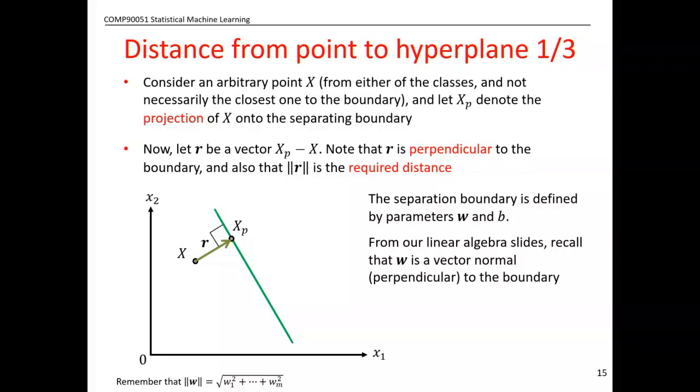And also remember that w is orthogonal to the boundary. That's an important thing to note. I can represent that by drawing a vector w anywhere along the boundary, and visually you can see that it's perpendicular.